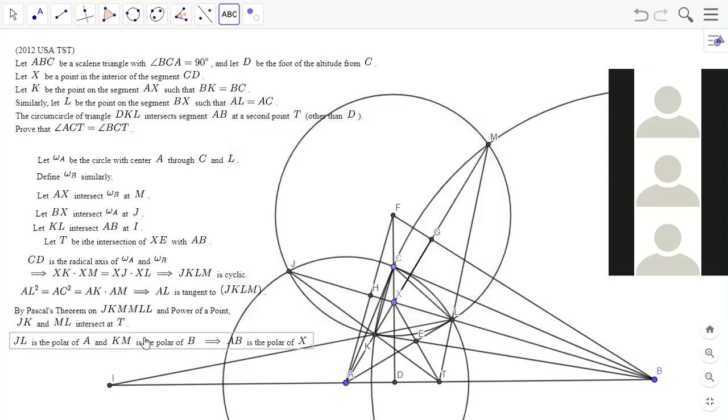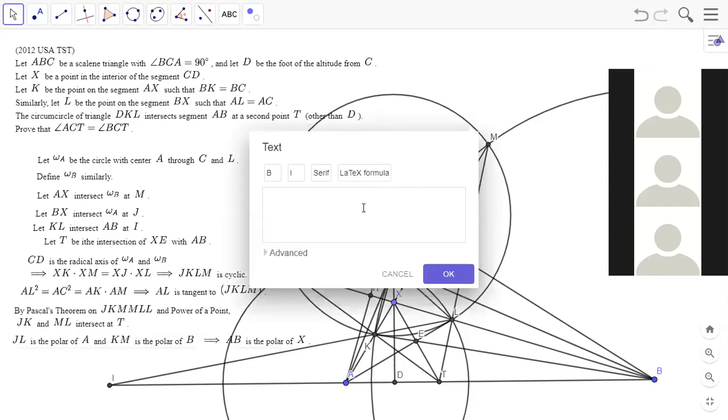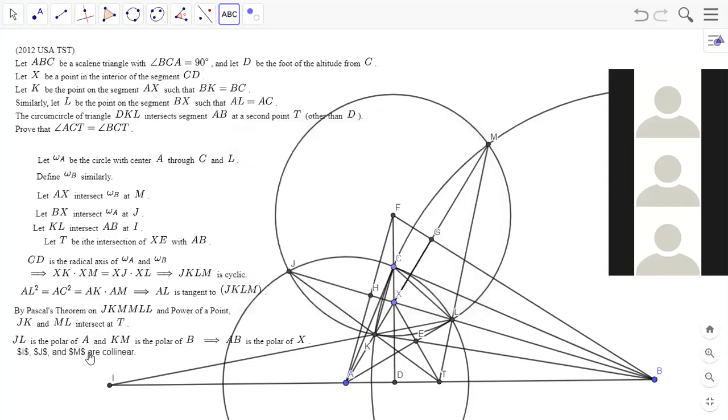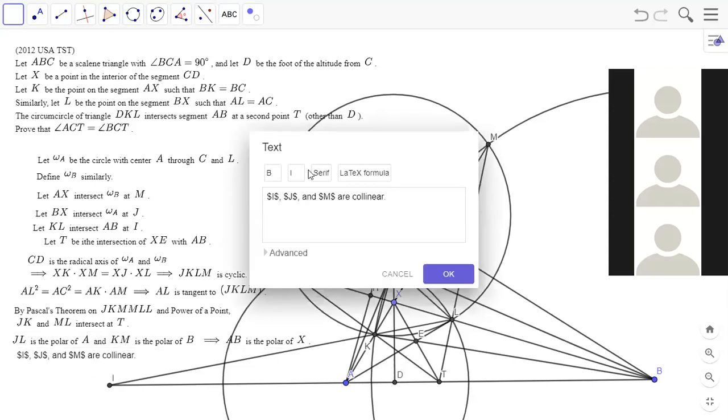So that means that I, J, and M are collinear. And it also means that D is the Miquel point of JKLM.